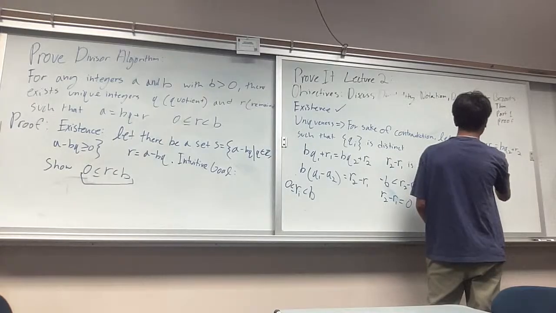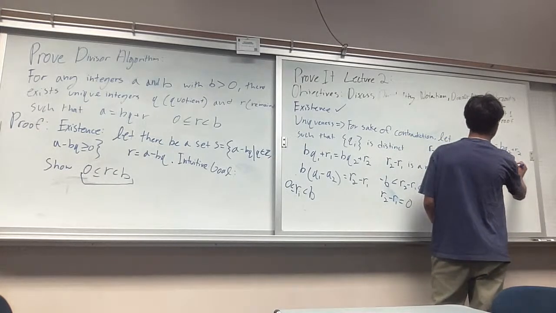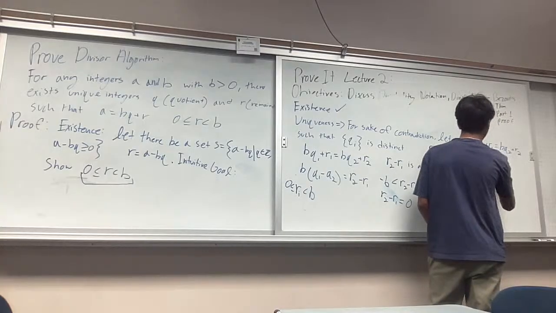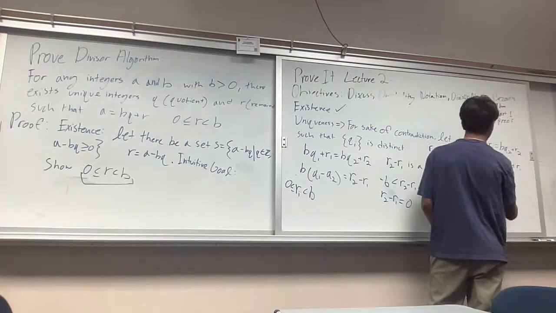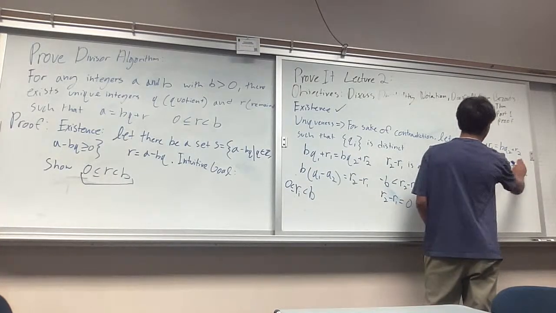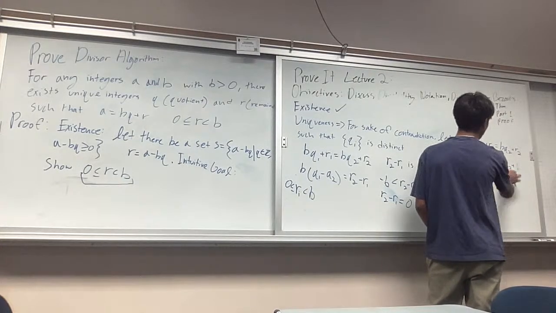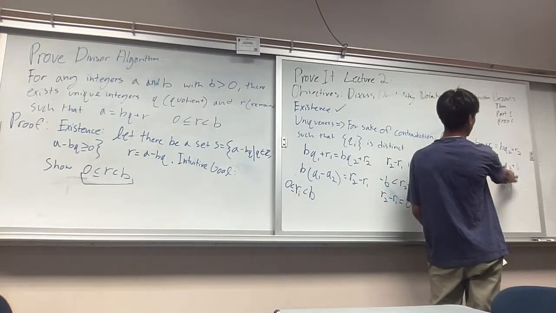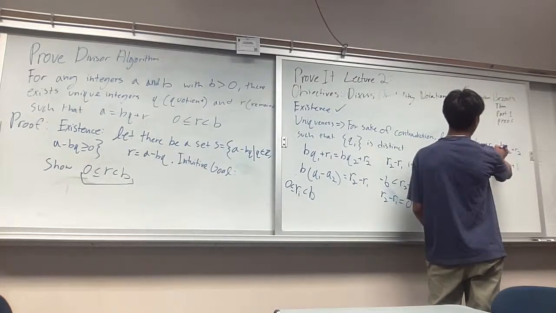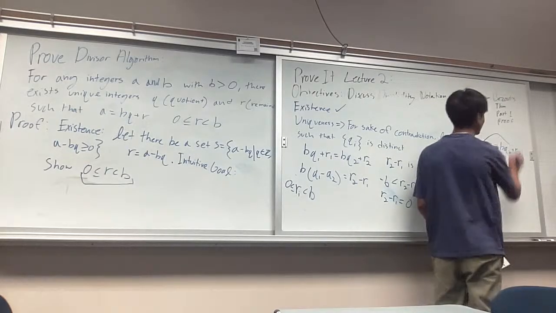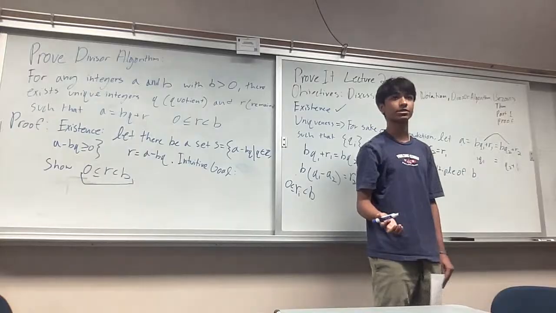So B Q1 plus R1 equals B Q2 plus R1. Subtract the R1s out, cancel out the B's, we're left with Q1 equals Q2. But then if Q1 equals Q2 and R1 equals R2, are these distinct representations?